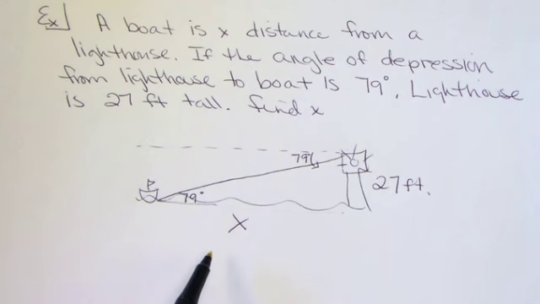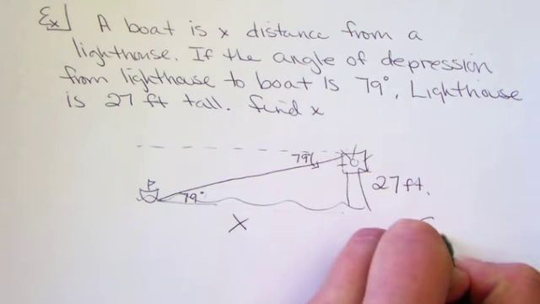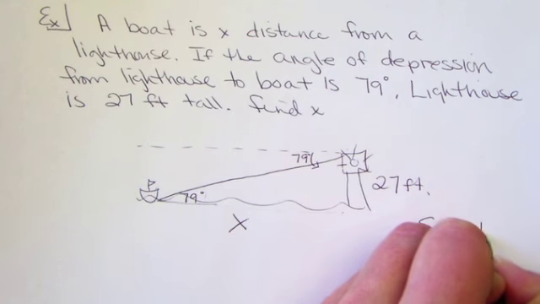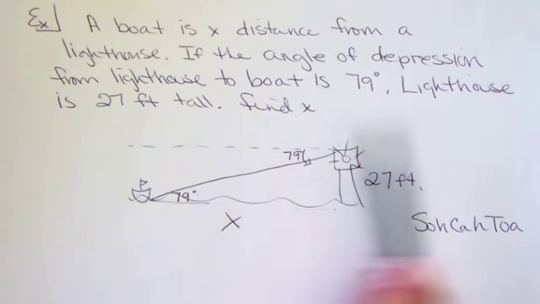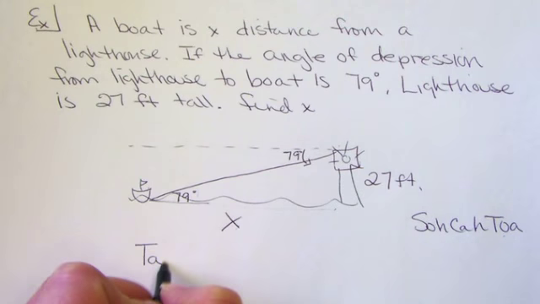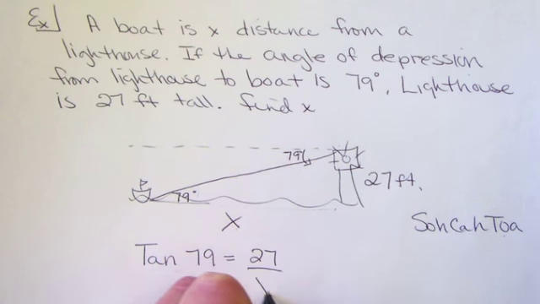Now, to solve this, we're going to set up a trig equation. Look at your angle. You have the side opposite, and you have the side adjacent. And if you remember SOHCAHTOA, we have the opposite and the adjacent. That's tangent. Tangent of my angle equals the opposite over the adjacent. This is my trig equation.